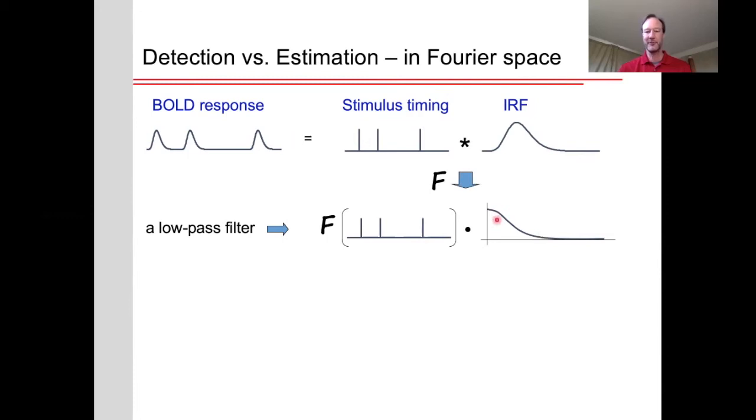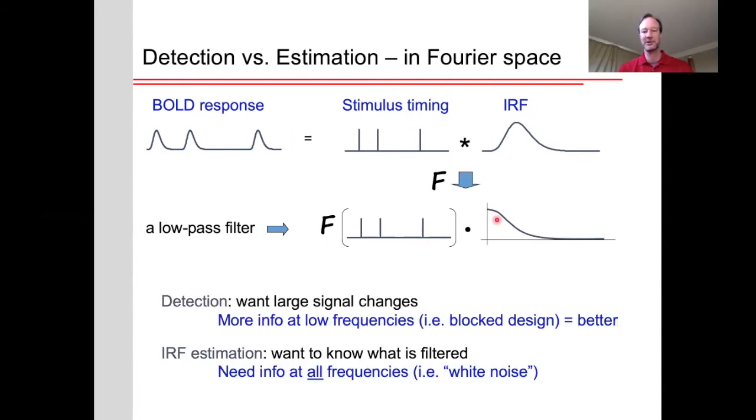So if we're interested in detecting this response, we want large changes, as large signal changes as possible. So we want to put most of the information at these lower frequencies, because the higher frequencies are being filtered. Because of this, block designs are generally better.